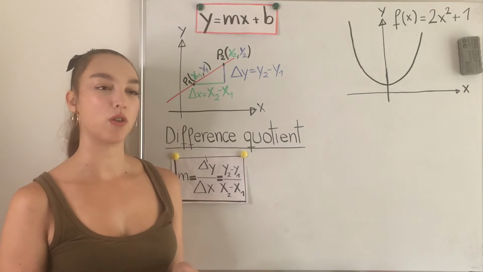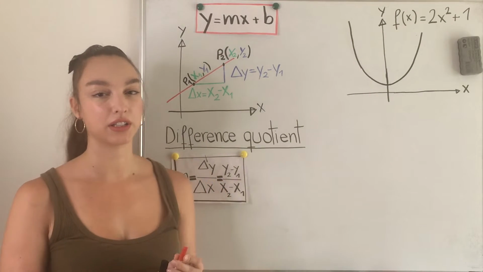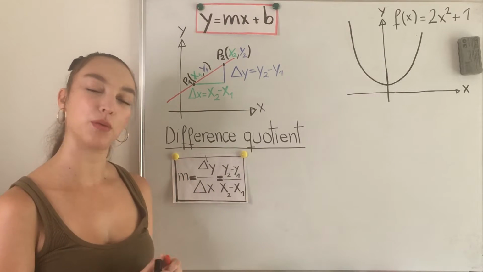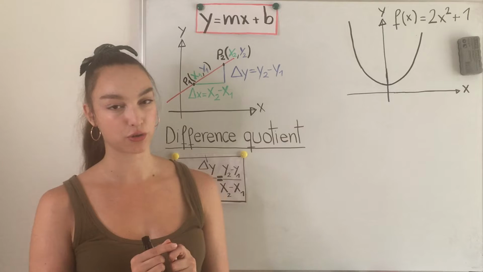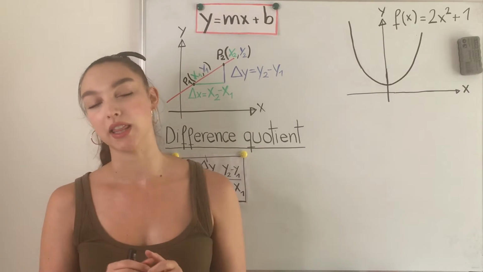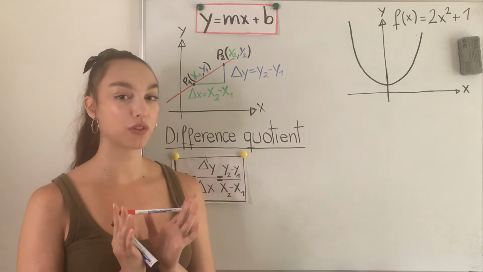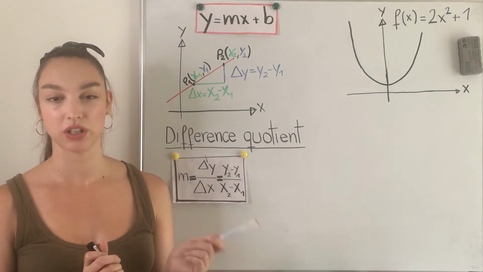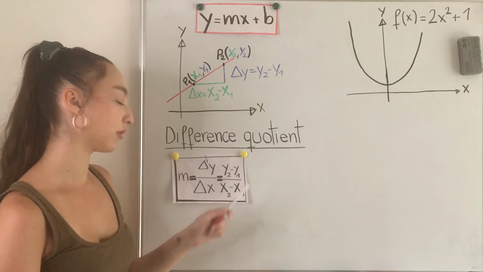In the previous video, I explained how to calculate the slope of a linear function from 2 points. And I also said it was a pretty important video to look at if you're trying to understand derivatives. This is because the concept of derivatives is based on the difference quotient equation that we use to calculate the slope from 2 points.